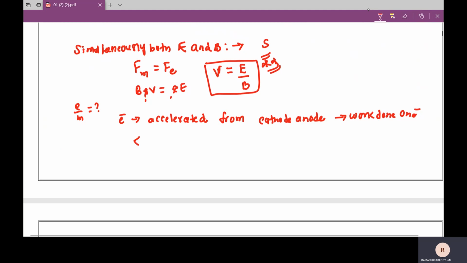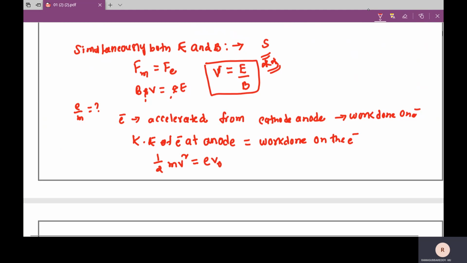Then the kinetic energy of the electron at the anode is equal to the work done on the electron. Kinetic energy is half mv square. If it is a potential, we have the relation e into V naught. Then e by m is equal to v square by 2 V naught.